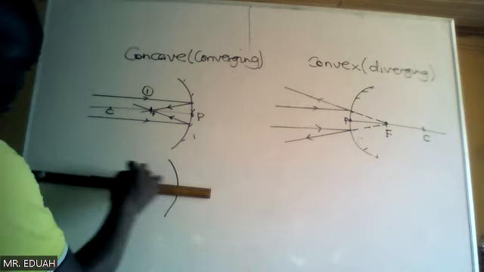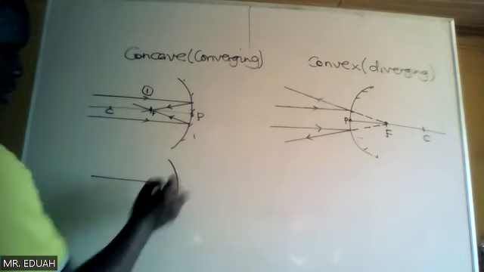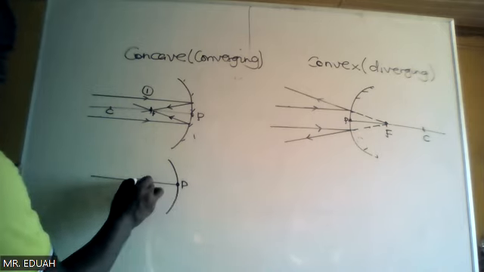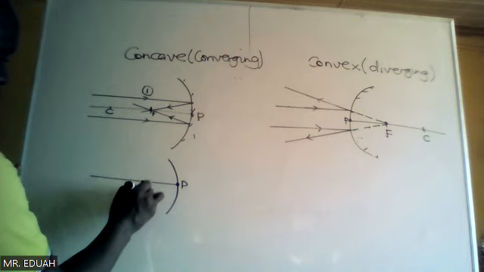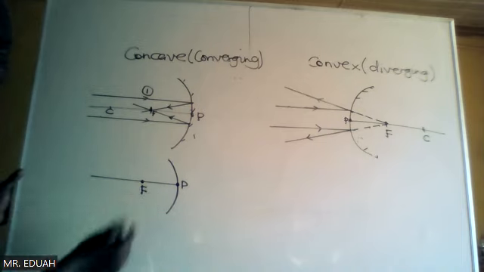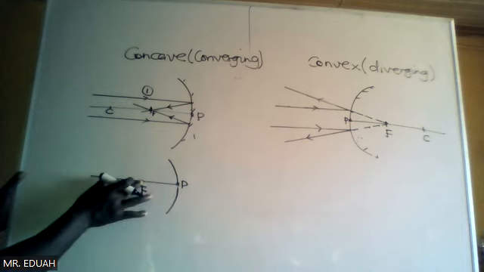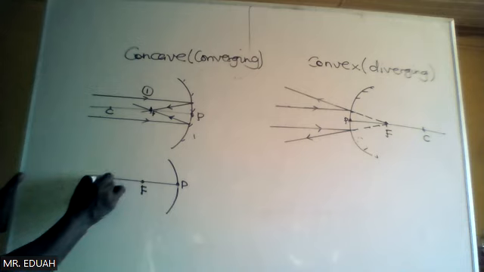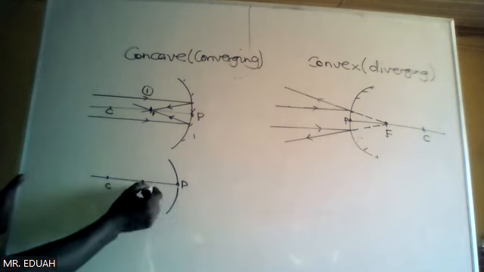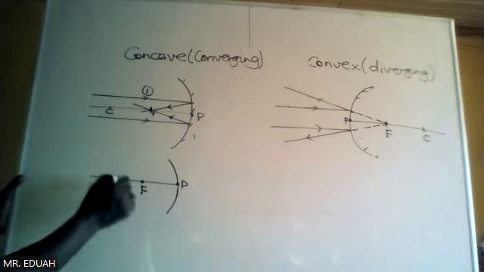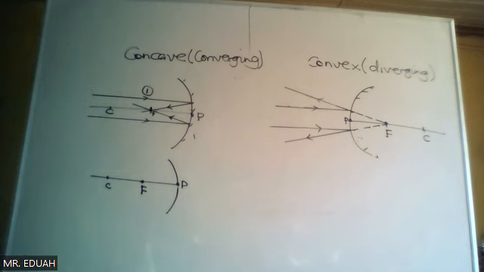Well, this is P. This is F. So this is the focal length, the same measure as for the radius of curvature. So please, if you measure maybe 5 centimeters from P to F, it should be the same distance from F to C, because R is equal to 2F.